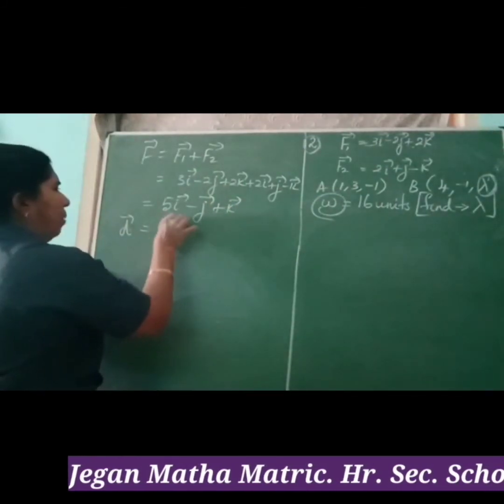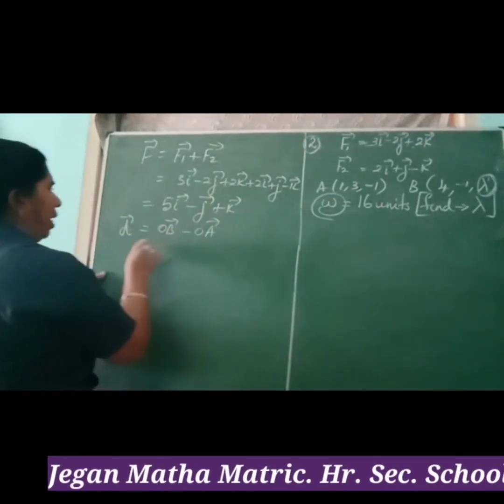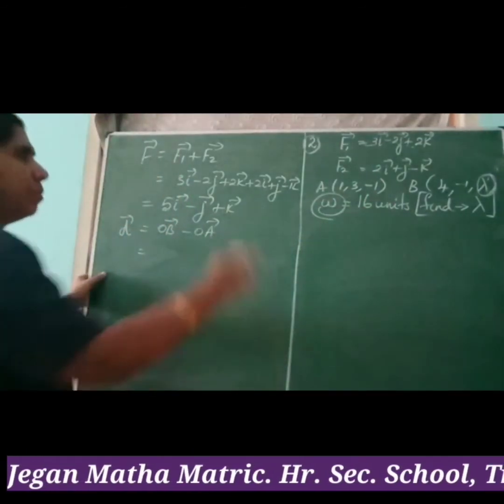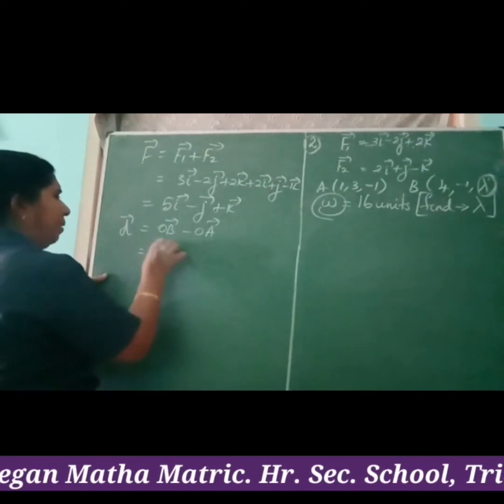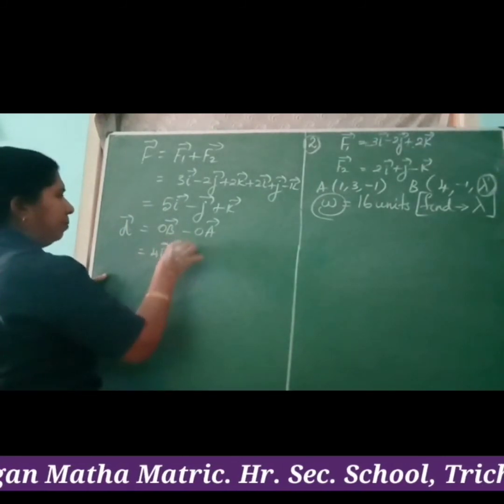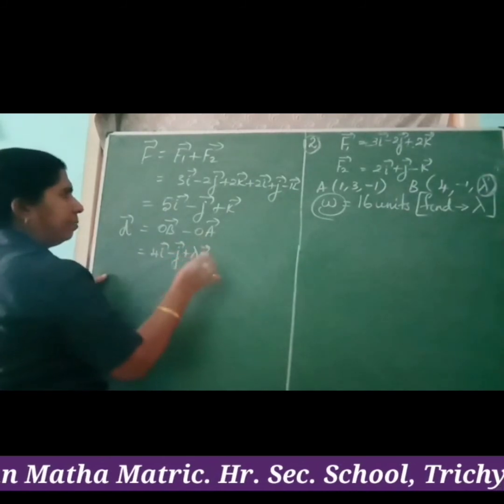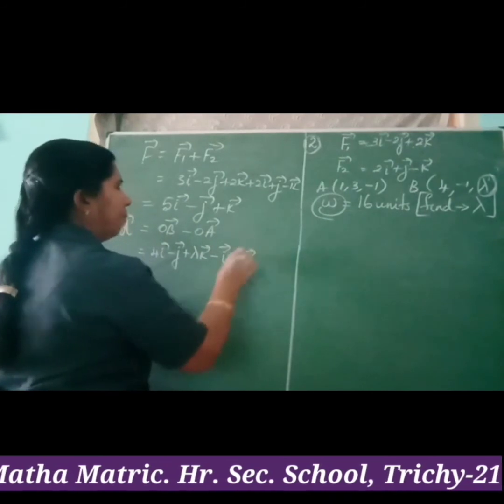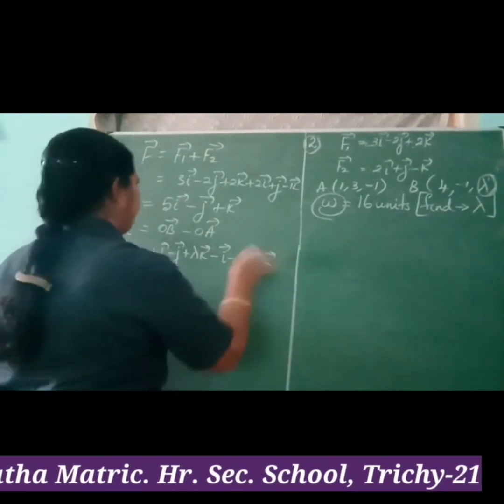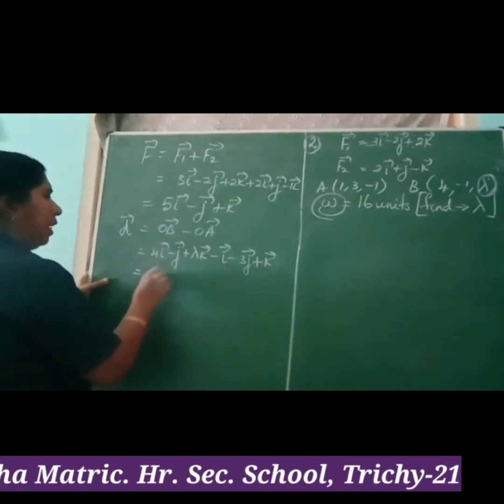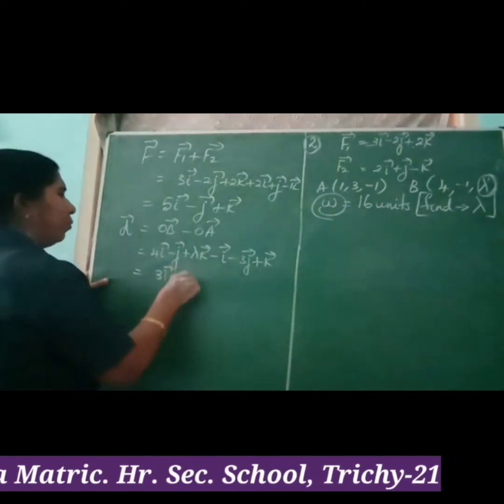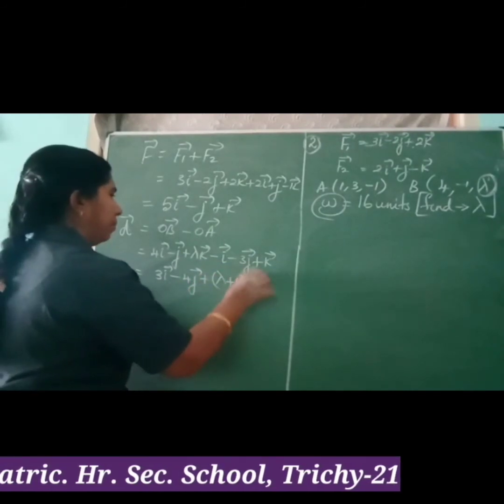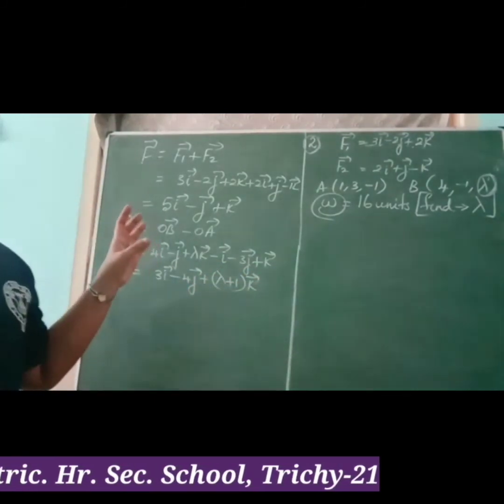So OB minus OA. The points A and B you can represent in vector form. So you can write 4i minus j plus lambda k minus i minus 3j plus k, which is 3i minus 4j plus lambda plus 1 into k. This is the value for D vector.